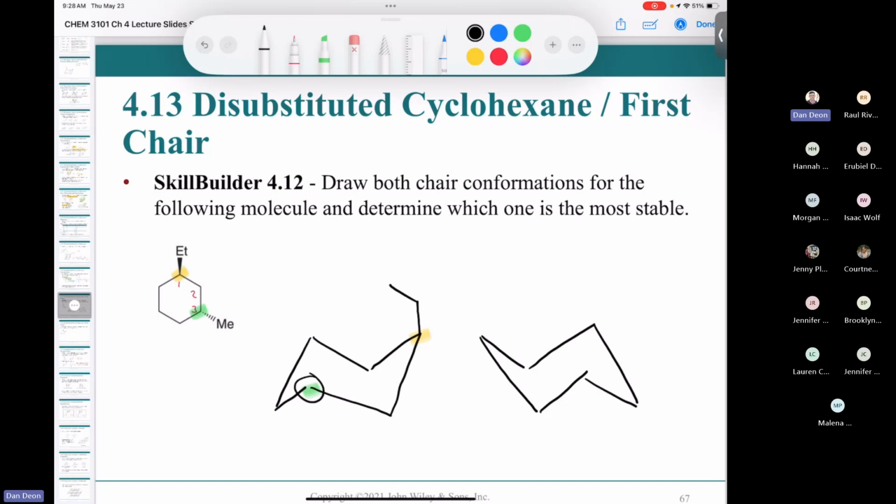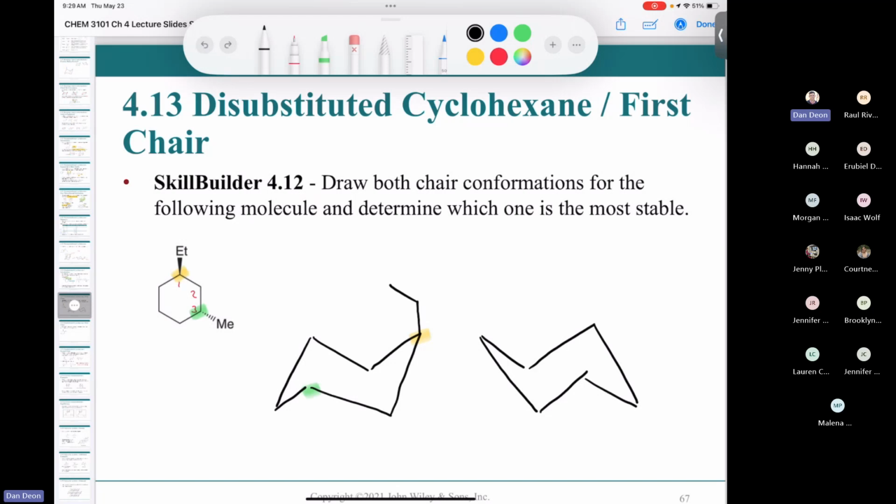So this carbon that I have the black circle on, but the position that's going down, would it be axial or equatorial? And it's not a question designed to fool you. Would the methyl group be going down and axial or down and equatorial in this case? It's going to be going down and equatorial in this case.